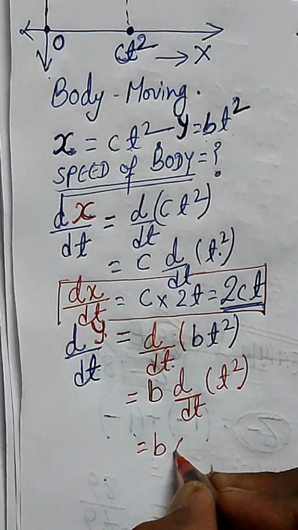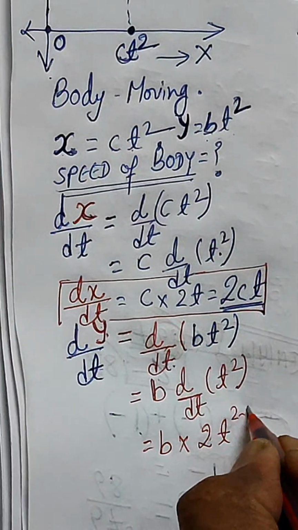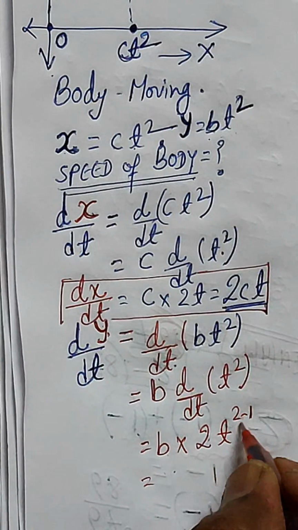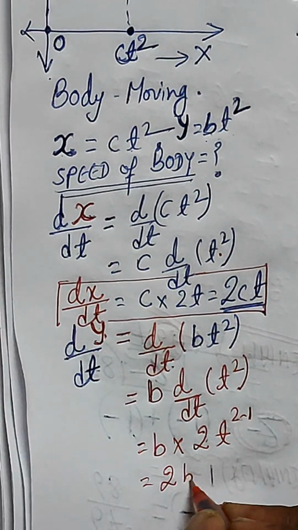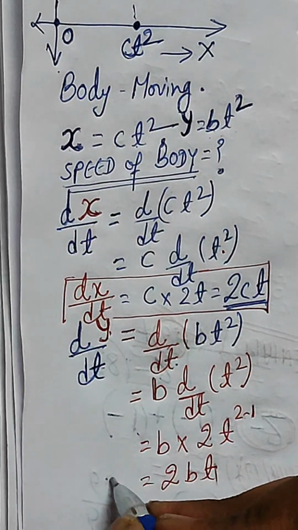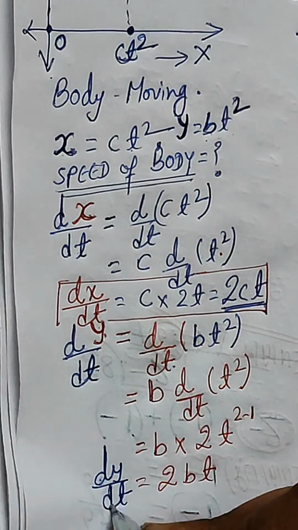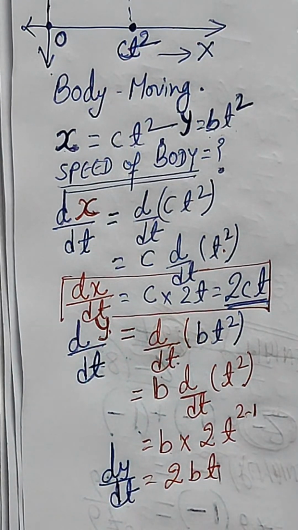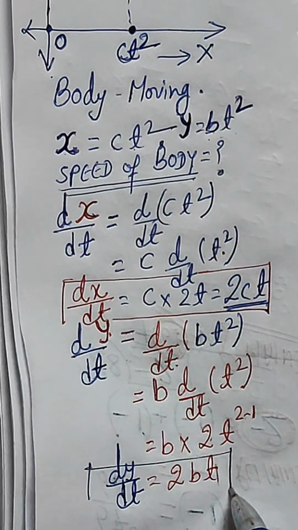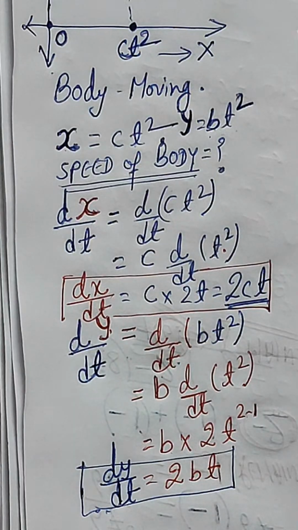It will be b into 2 times t power 2 minus 1, that is b into 2t, so it will be 2bt. So 2bt is the value of the velocity having y component. So here you can see the y component is also calculated, right?